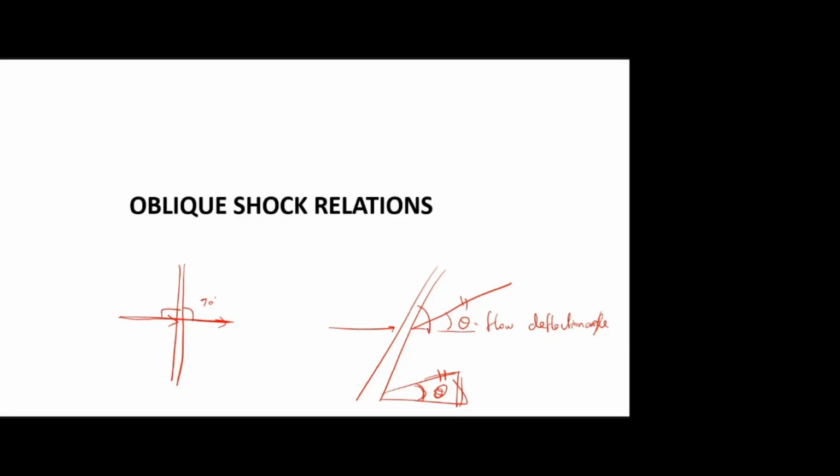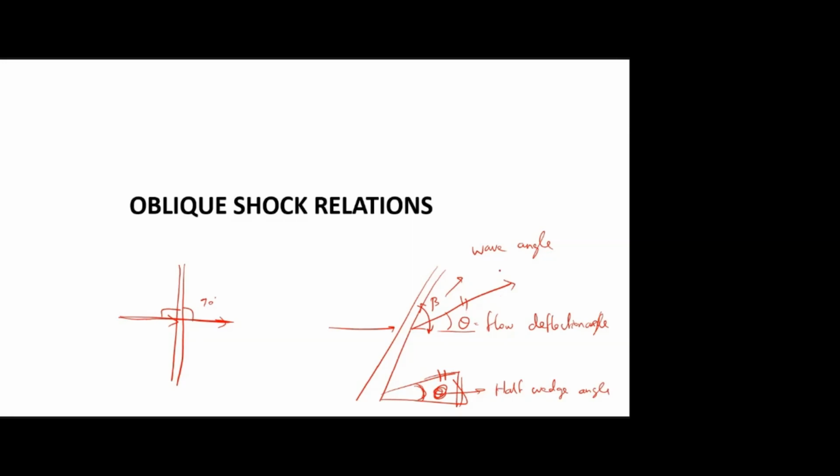And this is beta, the angle between the wave and the free stream direction. This is called the wave angle. The flow deflection angle is theta, and here, this is the half wedge angle. The flow deflects parallel to this wall, so the flow deflection is the same.